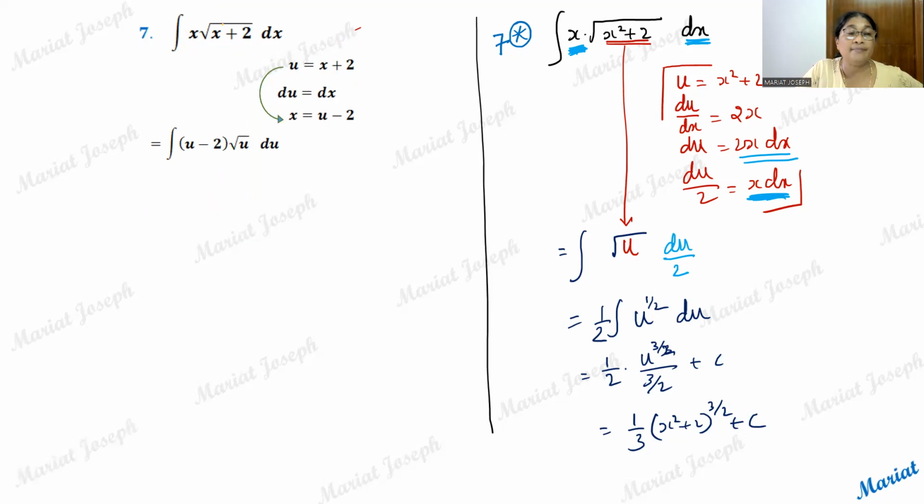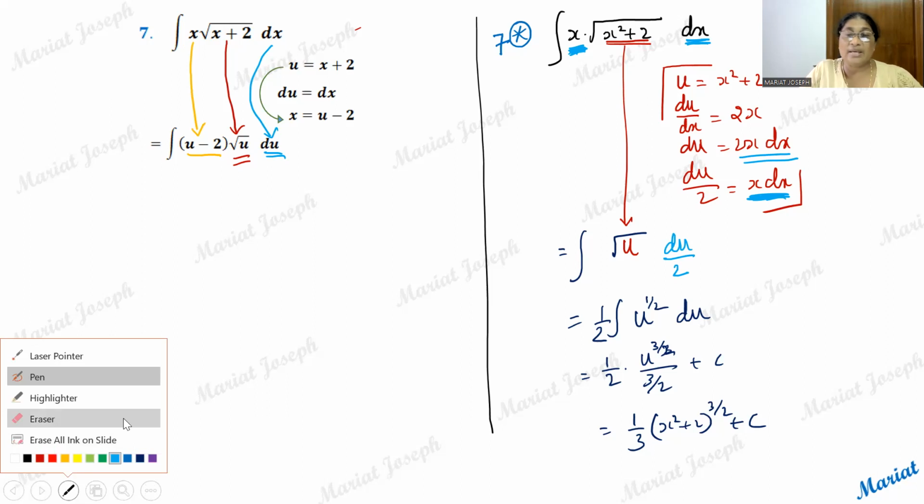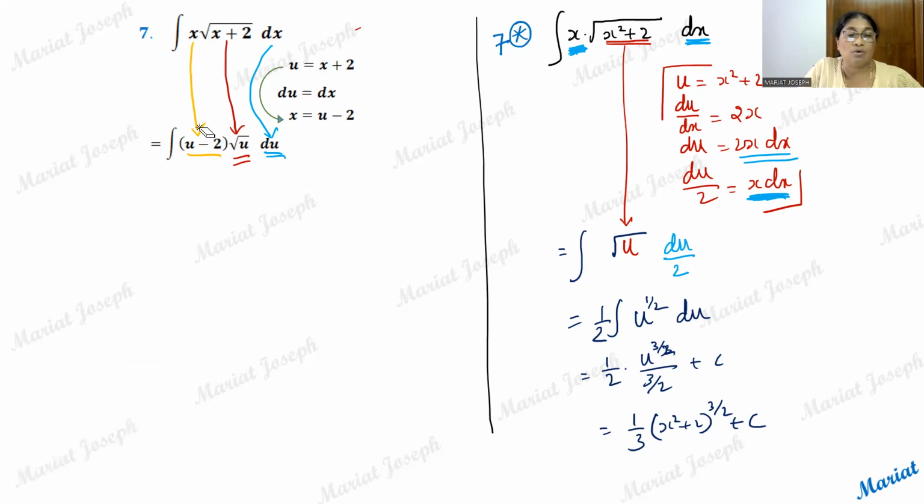I mean to say this x is replaced as u minus 2, then root of x plus 2 is replaced as root u, then this dx is replaced as du. That's it. That was not the case in the previous question, where that x automatically got dissolved.